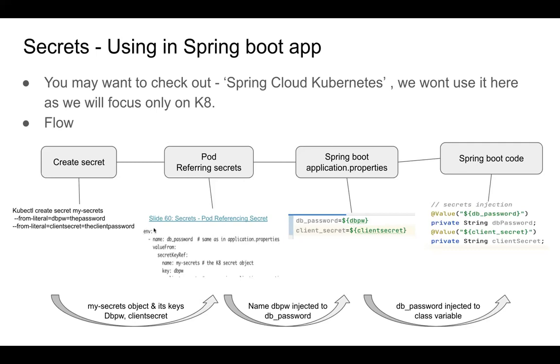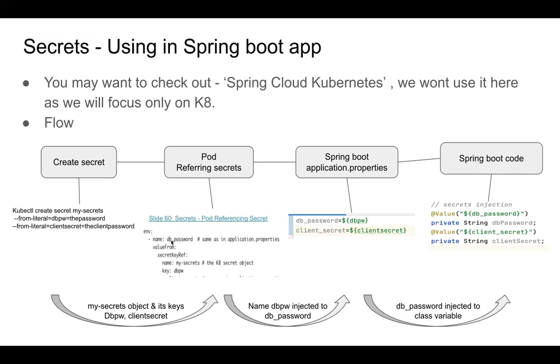In the pod, you will have a section called env. This environment variable will be created with this name, and the value of this environment variable will come from this secret called my secret. The key dbpw in the my secret object will be populated as the db_password value.